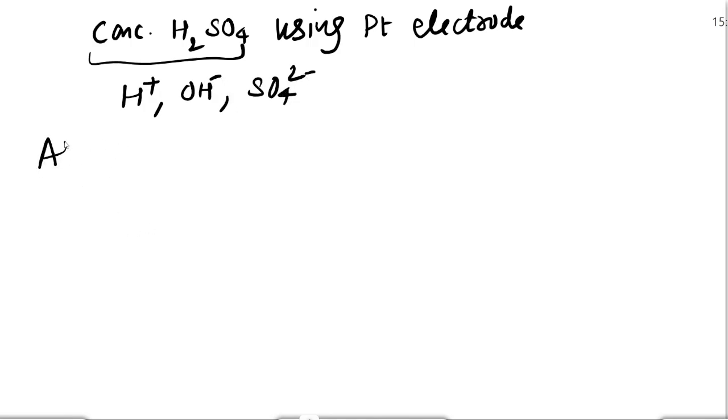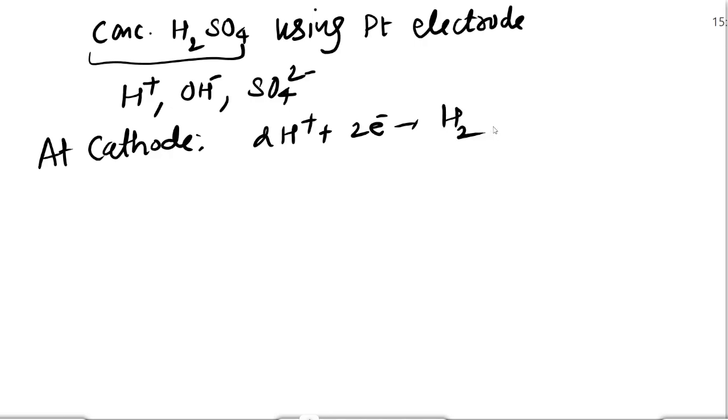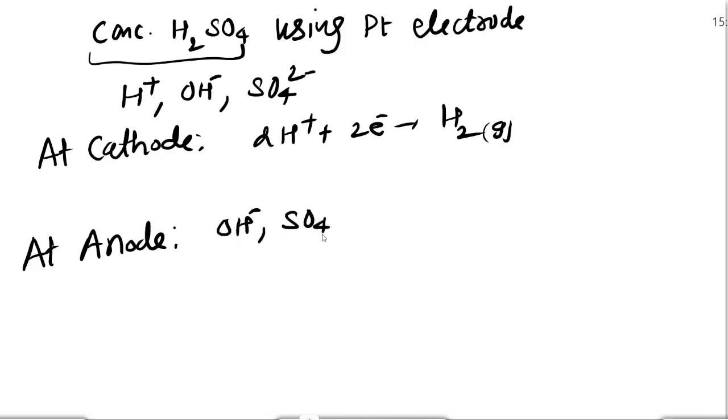So at cathode there is no competition at all, only 2 H plus ion will give hydrogen gas, but at anode again there are OH negative and sulfate, but now the concentration of sulfate is higher.